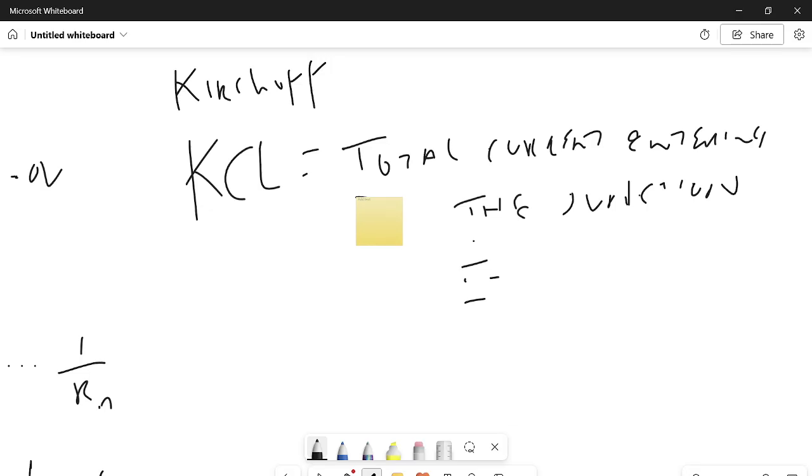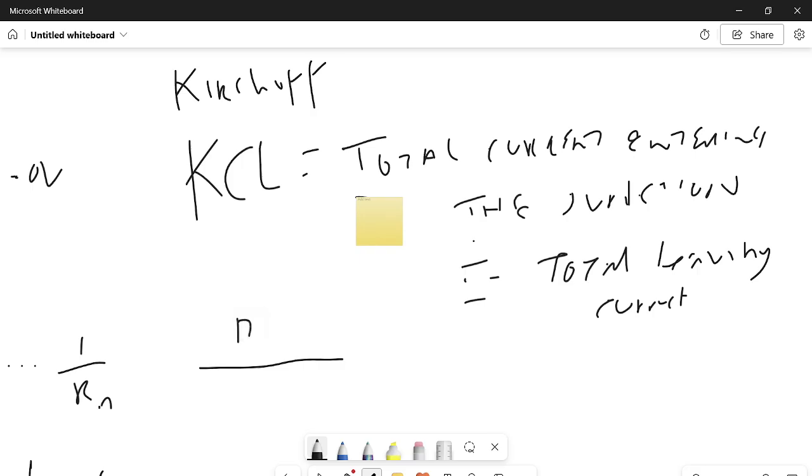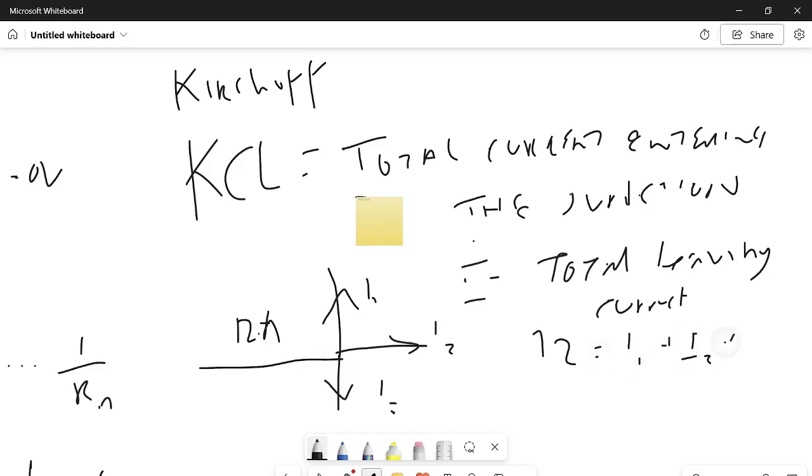Equals total leaving current. If you guys don't know what that means, let's pretend you have 12 amps going in. And then there's a junction here. Then I1 plus I2 plus I3 would be equal to 12.